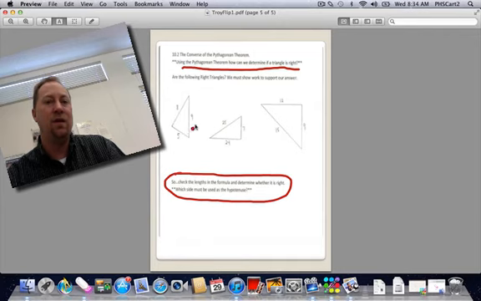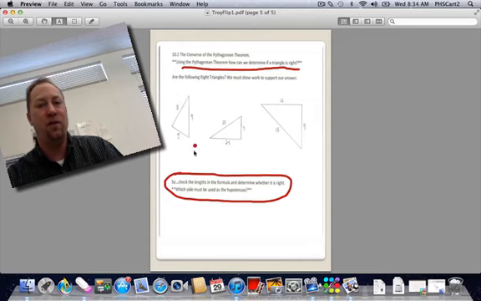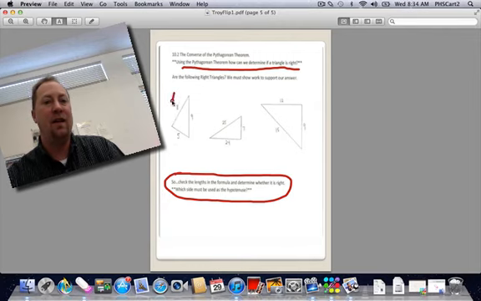So in this one, as you're looking at it, of course your hypotenuse has to be the longest side. So when I go to set up this first one, if I'm going to check whether this is a right triangle, I would have legs of 8 and 5 and a hypotenuse of 9. So when I set that up, I would have 5 squared plus 8 squared equals 9 squared.